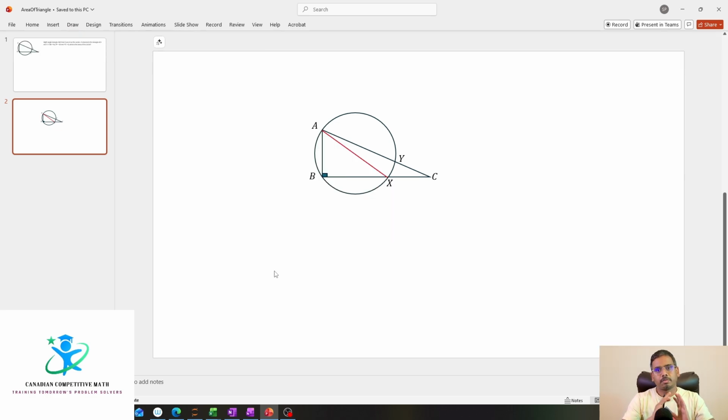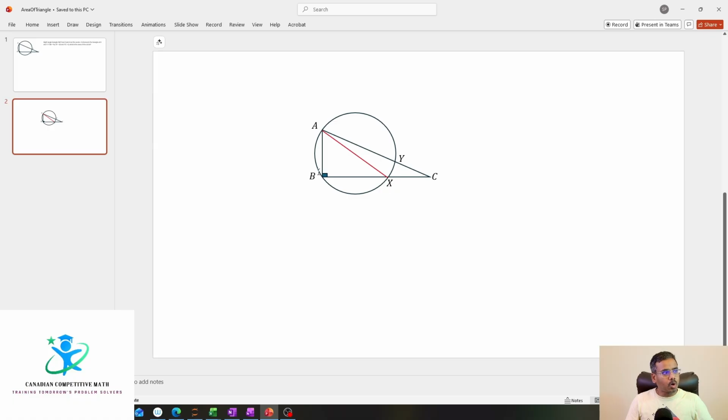So there is a principle in circles. If you look at this diagram here, AB and BX are chords in the circle.